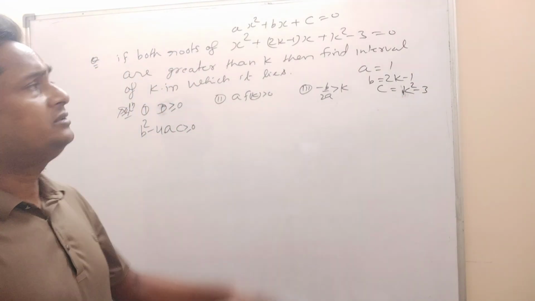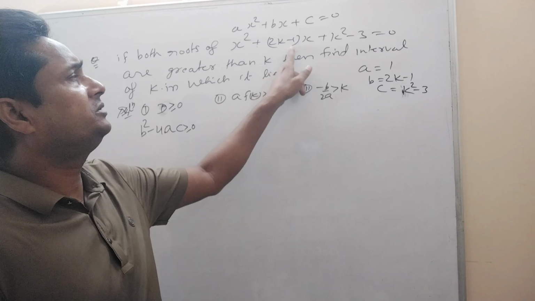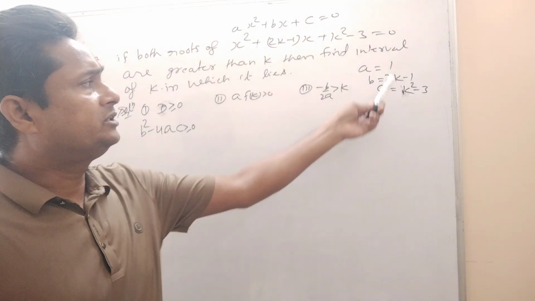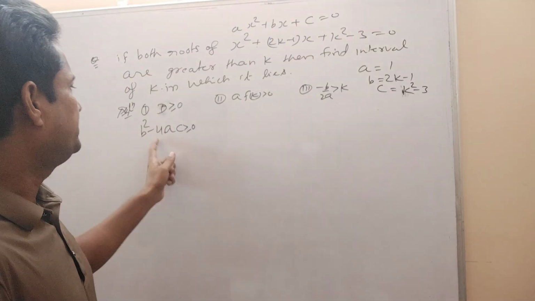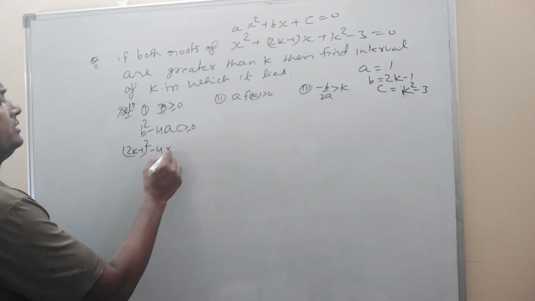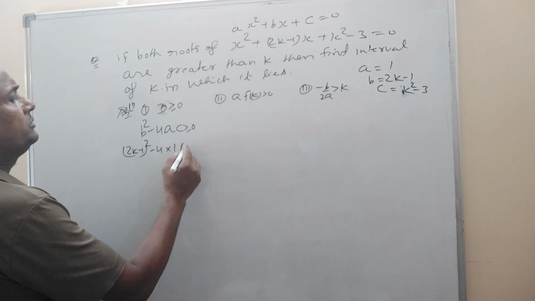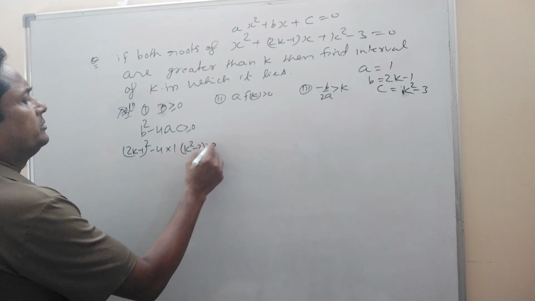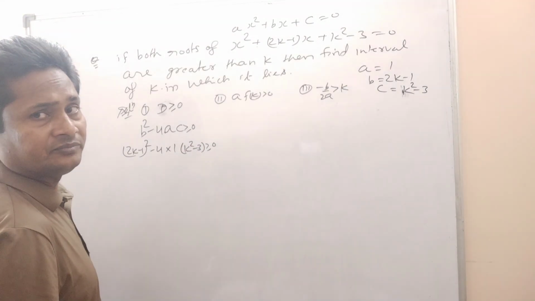Now substitute here. So b is 2k minus 1 whole square, minus 4 into a, which is 1, into c, which is k square minus 3. This must be greater than or equal to 0.